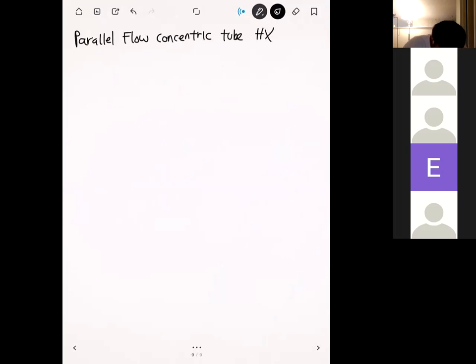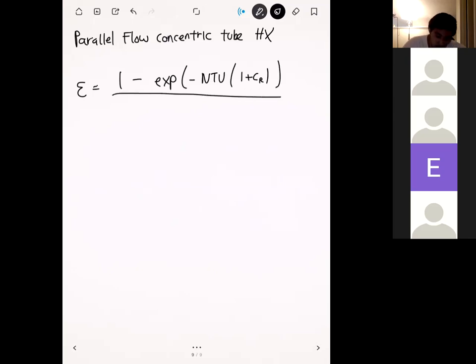The formula for that is epsilon is equal to 1 minus exponential of minus NTU times 1 plus CR, divided by 1 plus CR.